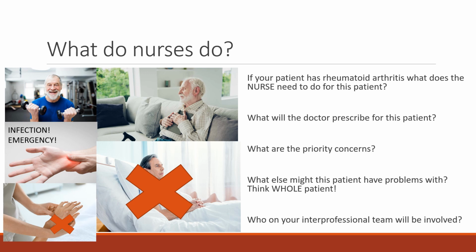So some meds that the doctor will prescribe are COX-2 inhibitors like celecoxib, NSAIDs, and some steroids to decrease inflammation, so corticosteroids. You have DMARDs, which will slow the progression of RA by suppressing the immune system's reaction to the RA.